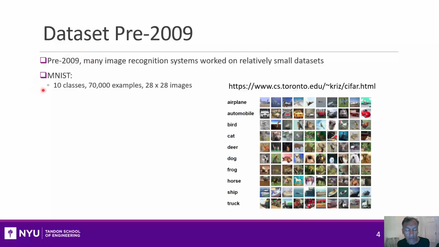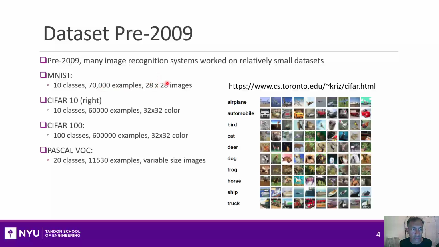So for example, in the earlier units, you looked at the MNIST classic data set on digits, and it's small in a number of different ways. It has a small number of classes, or 10 digits, relatively small number of examples, about 70,000 between training and test, and they're also low resolution.